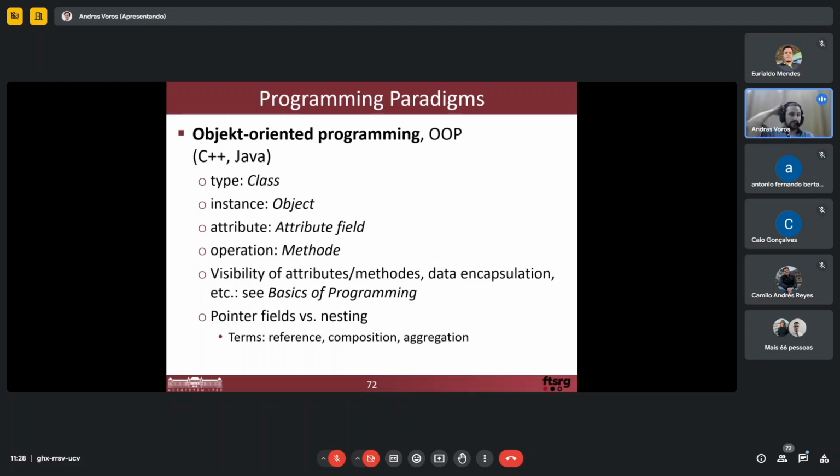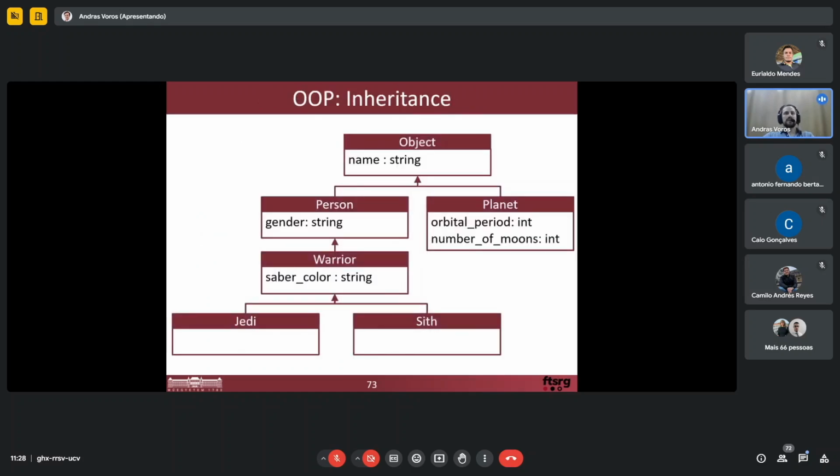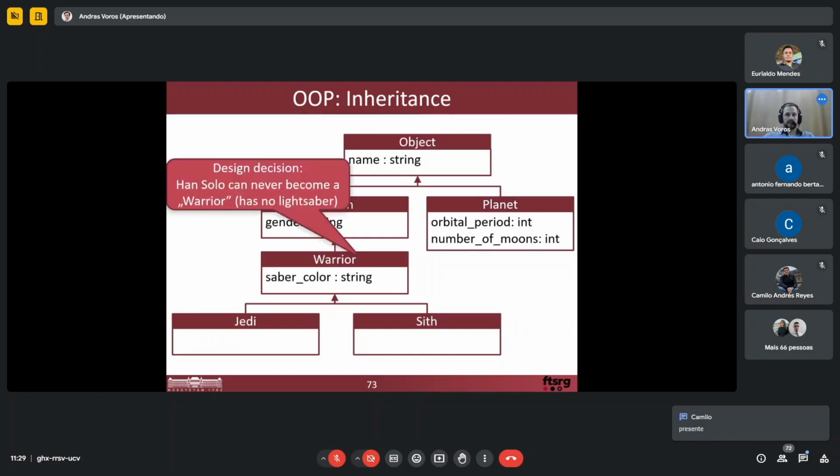And you can have pointer fields, nesting, and many other things for designing references, composition, aggregation. So in object-oriented programming, you have the same concepts as in this structural modeling. And you can have inheritance. And if you remember, we used the is-a relationship between elements, and this is quite similar to inheritance.